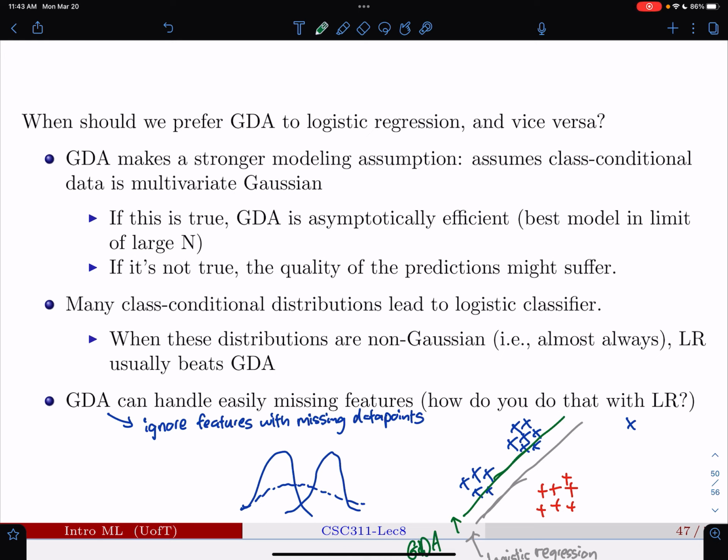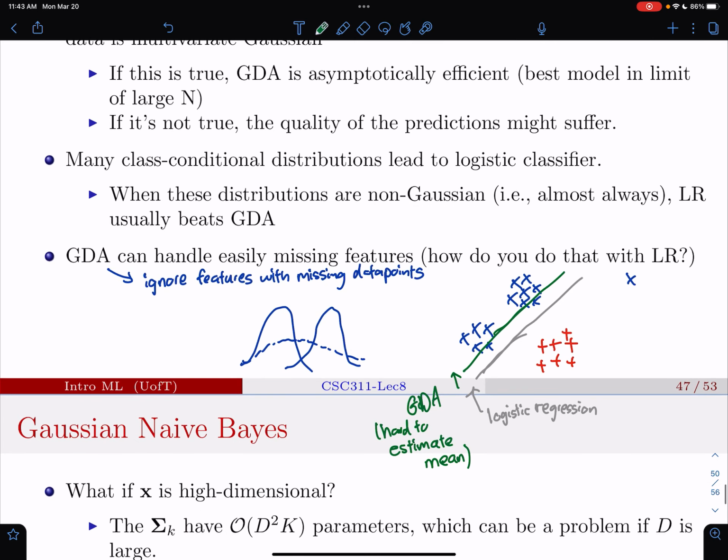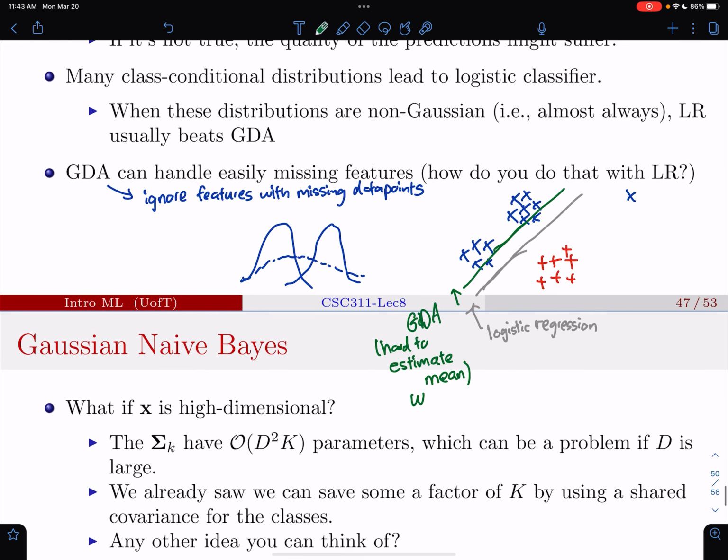You can construct an example in such a way that it classifies some of the points incorrectly. This is more of a cartoon illustration, but you can definitely construct an example where logistic regression finds a decision boundary that separates the two classes, but this approach fails because the data isn't actually Gaussian.